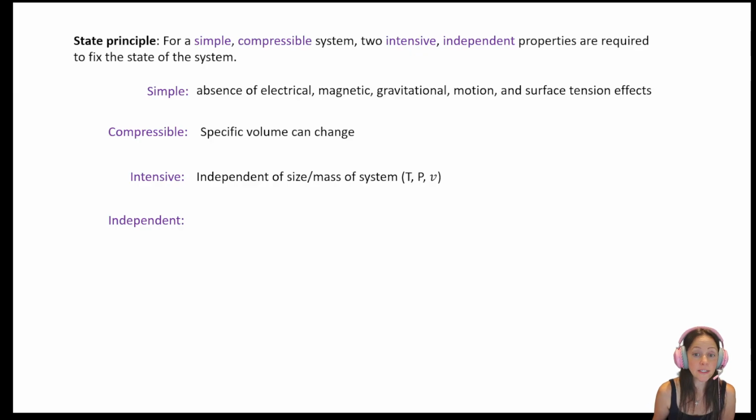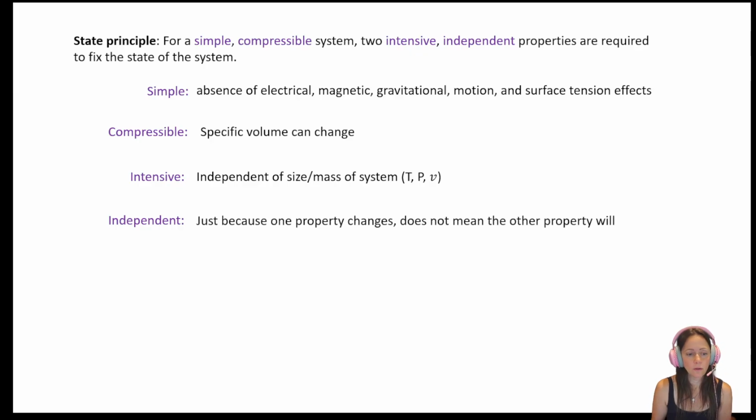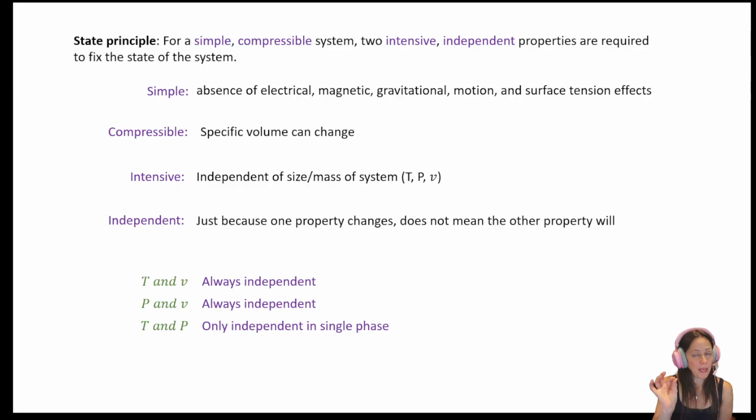Independent means that just because one of those properties changes doesn't mean that the other property will as well. So they are independent of one another. We have to check all those boxes to be able to fix our state. Let's look at all three of those pairs. Temperature and specific volume: always independent, which means that if you know temperature and specific volume, you can fix your state.